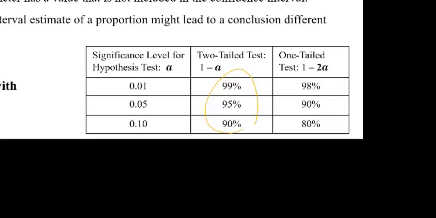If you have a 99% confidence interval, then it doesn't work with that 1% because that 1% must be on both sides. Now, if we go with a one-tail test, alpha 0.01 corresponds to a confidence level of 98%. Why is that?